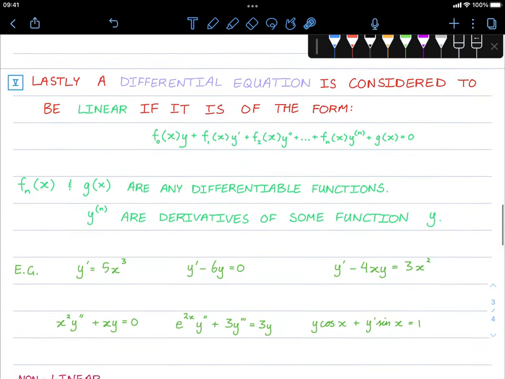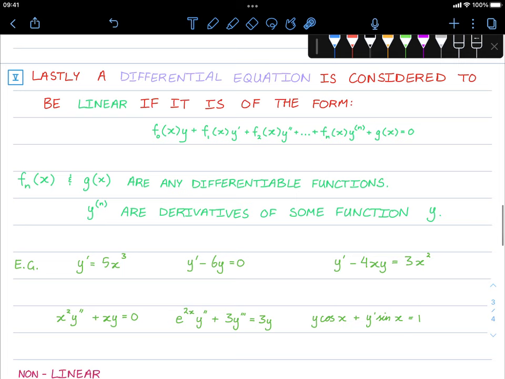And lastly, a differential equation is considered to be linear if it is of the form f0(x) y plus or minus f1(x) y prime, f2(x) y double prime, all the way up to some function of x times any derivative of y.